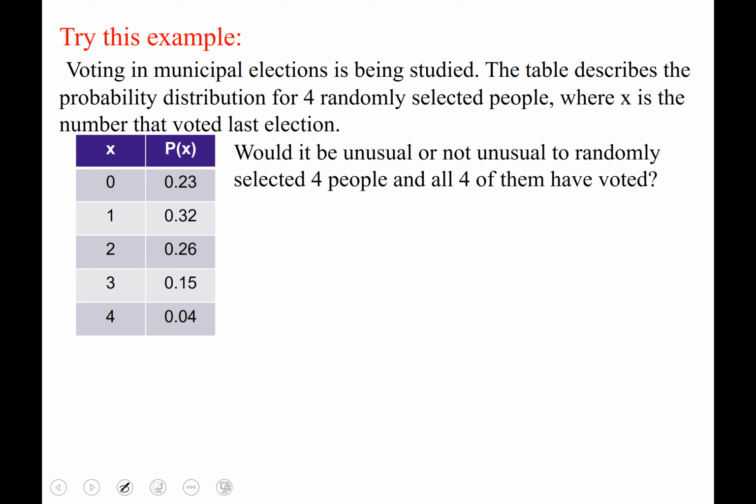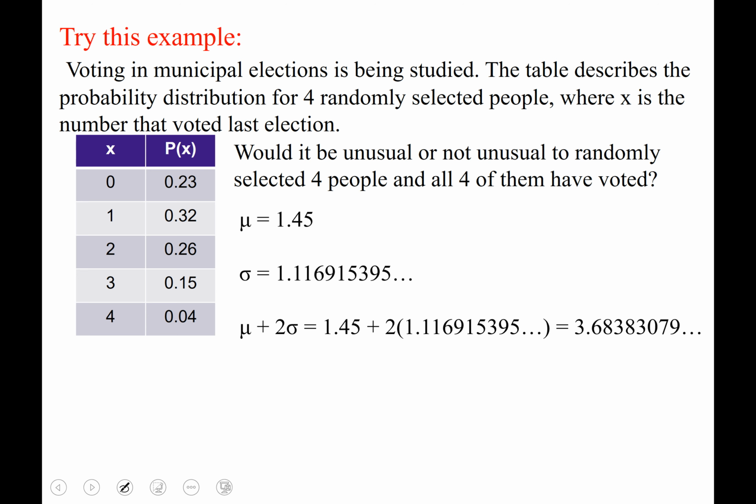Welcome back. Let's see how you did. If you calculated x bar, or we're using it as mu now, to be 1.45, you're on the right track. If your standard deviation came out as 1.116915395 and so on, you're doing this right so far.